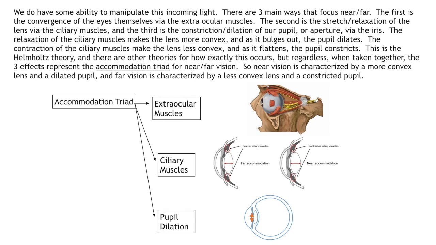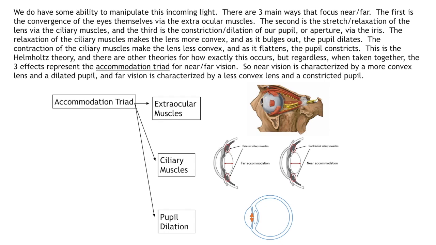Near vision is characterized by a more convex lens and a dilated pupil, and far vision is characterized by a less convex lens and a constricted pupil. This is called the accommodation triad. Again, here are your extraocular muscles. There are several of them that attach and fix the eye and allow the eye to converge an image.